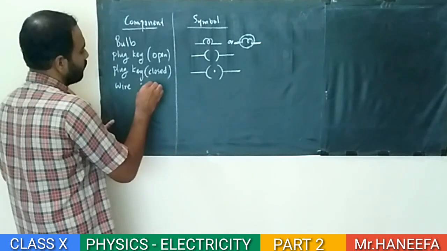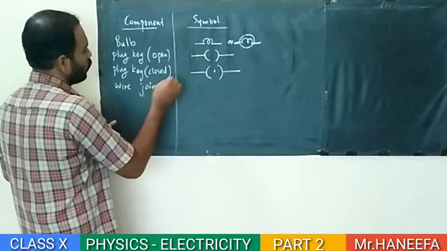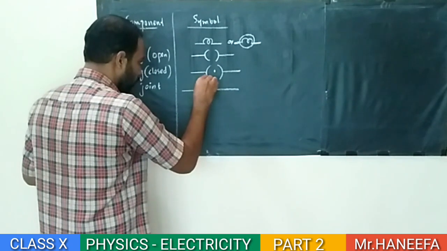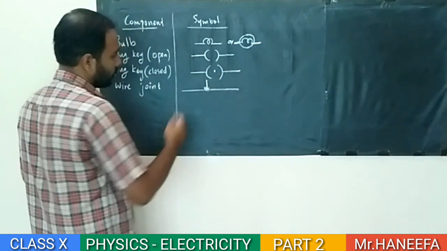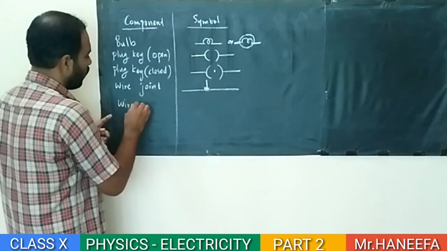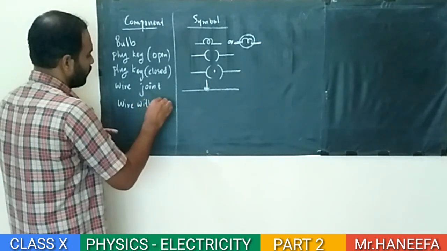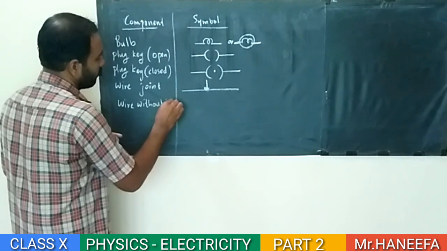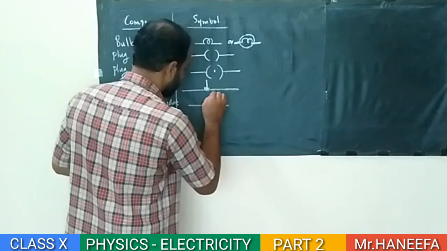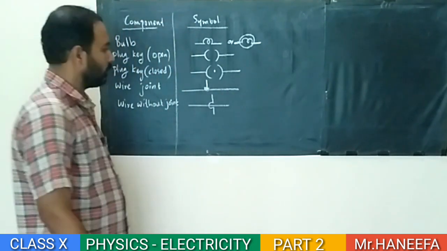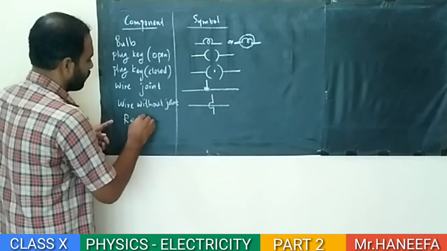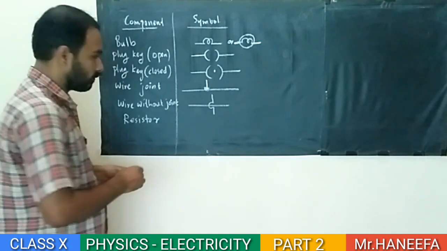Next is wire joined. One wire, another wire is joined. Okay, this is wire joined. Next, wire without joined. Next is resistor.